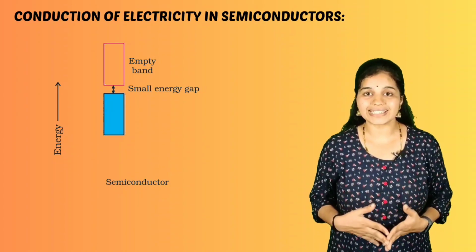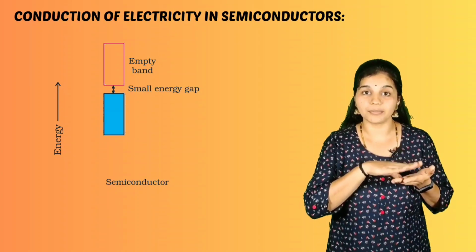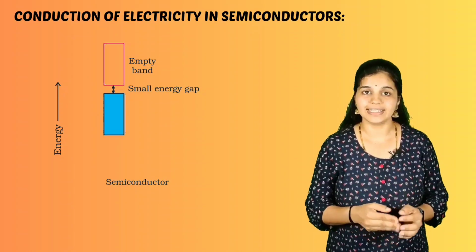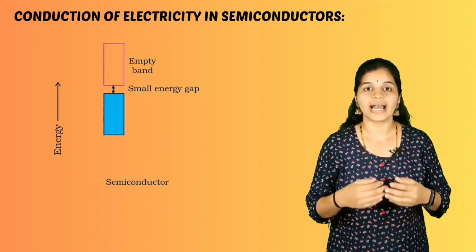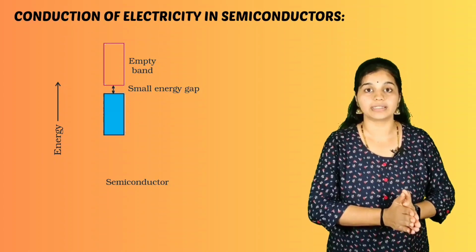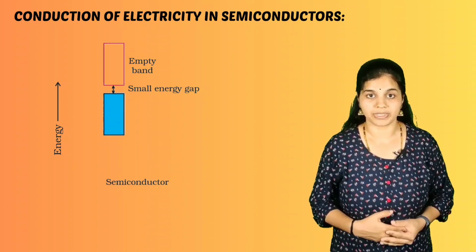Now, if we increase the temperature, what will happen? We can send some more electrons from the valence band to the conduction band, and this increases the conductivity. So the electrical conductivity of semiconductors can be increased by increasing the temperature.